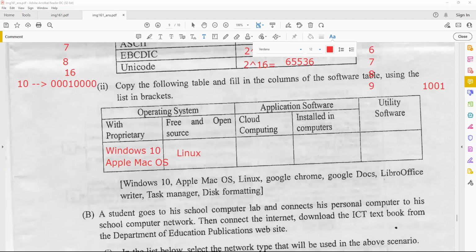Google Docs. Yes. So cloud computing. Right? So in this particular case, we can say Google Docs. So that's the only one we have, right? It's a word processing software, the cloud computing one.